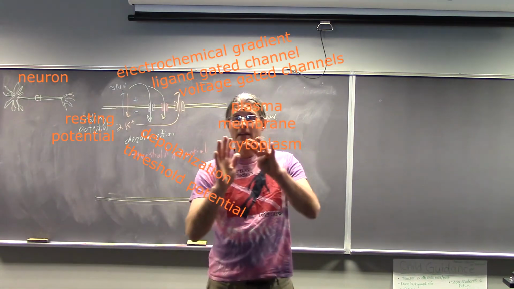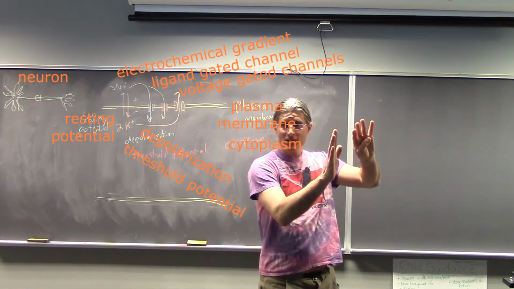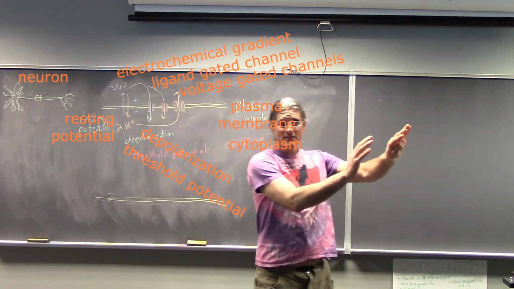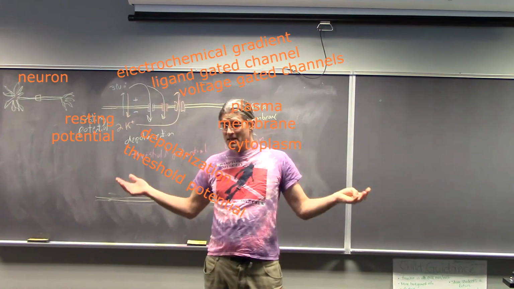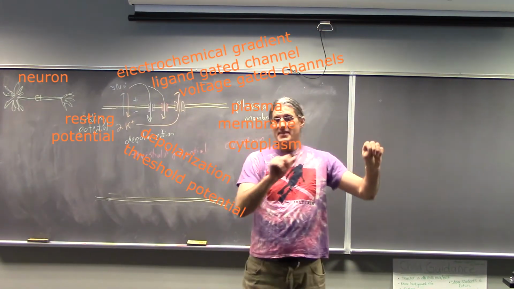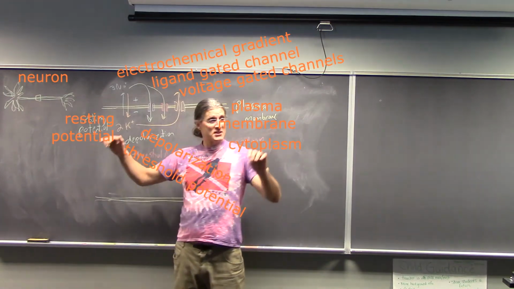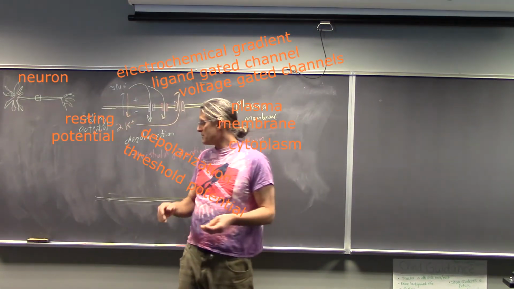And then behind this opening up of the voltage-gated channels that allow the sodium to come in, you have voltage-gated channels that allow the potassium to come out. And then behind that, you've got the restoration of the original system, getting back to the resting potential.